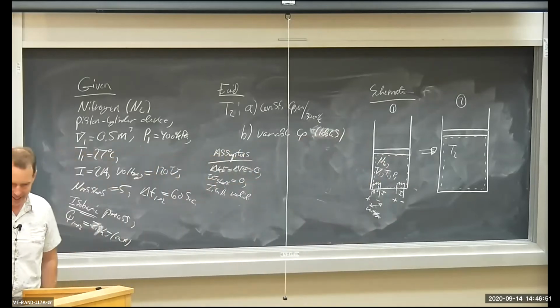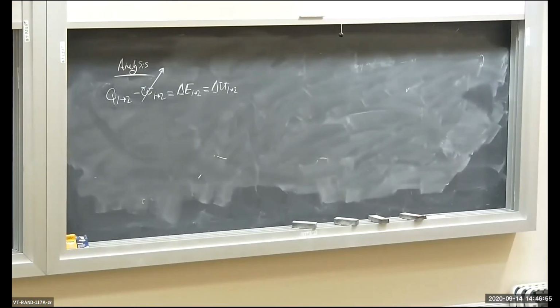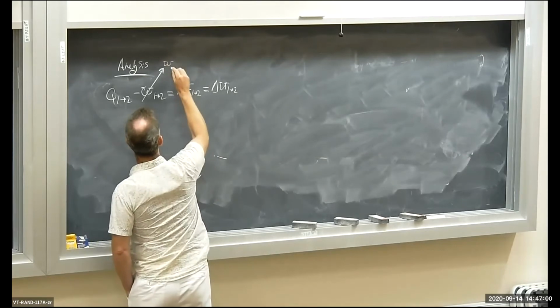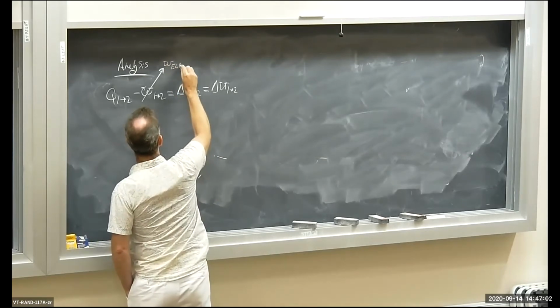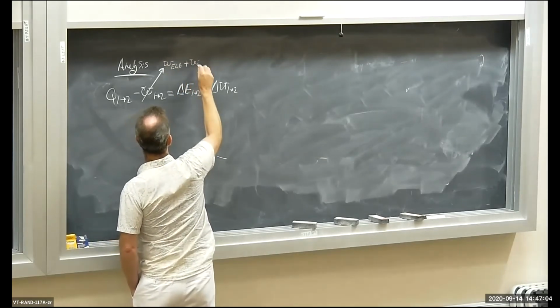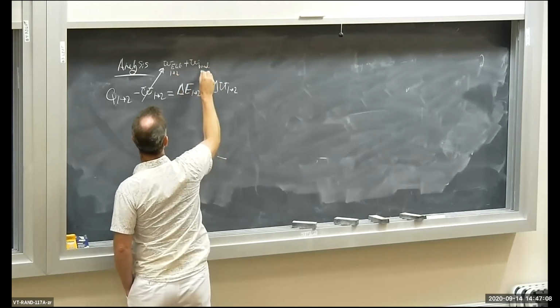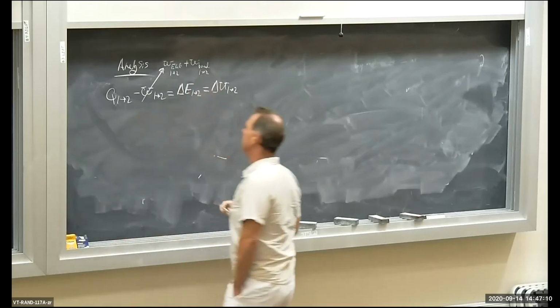It's going to expand. So I have some boundary work, and I have some electric work. So W electric and W boundary, from 1 to 2.